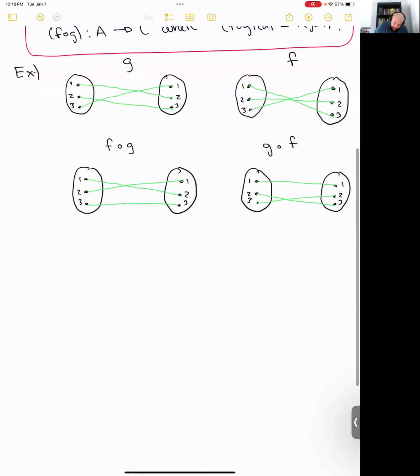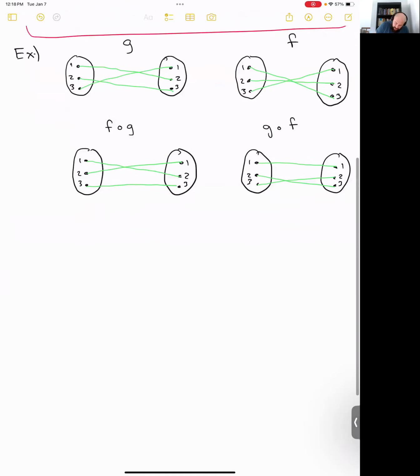So now what happens if I do something more closely related to calculus? So let's say we take f, which is from the real numbers to the real numbers, and g, which is from the real numbers to the real numbers. And I'll define f of x to be x to the fourth, and we'll define g of x to be x squared plus 1.